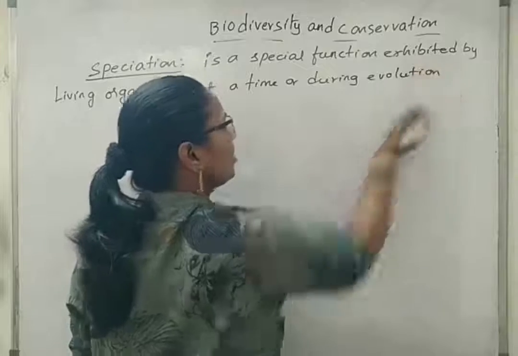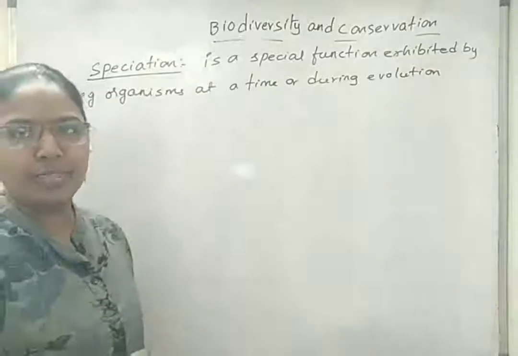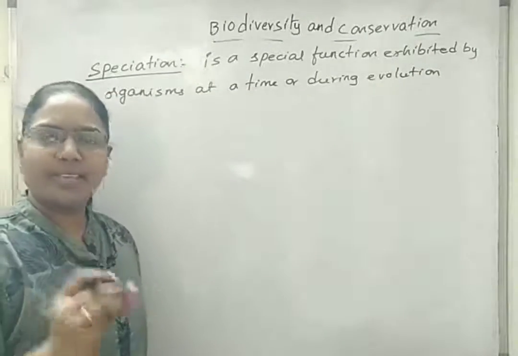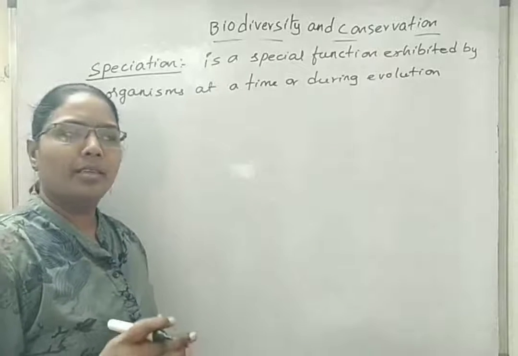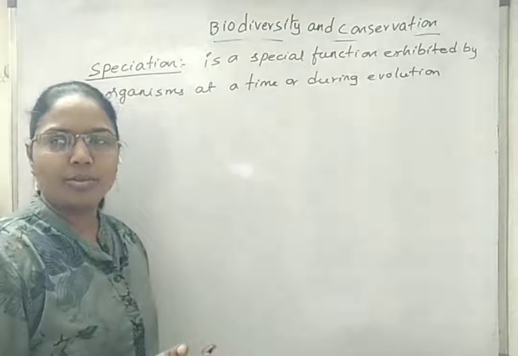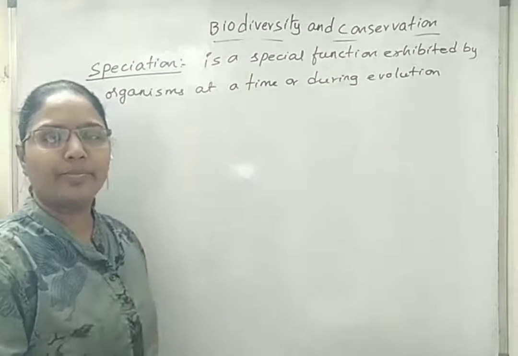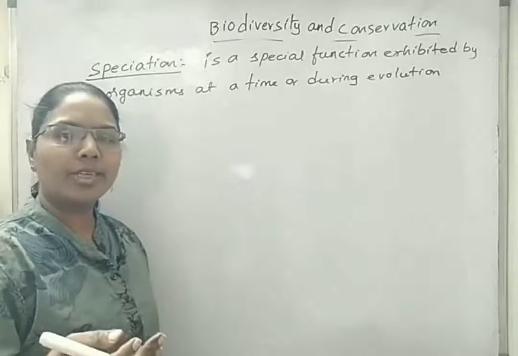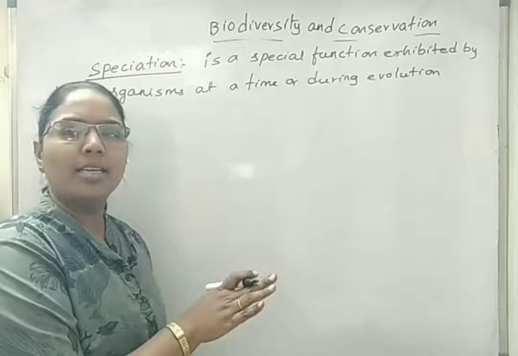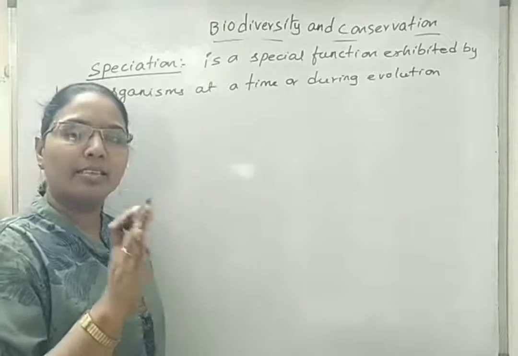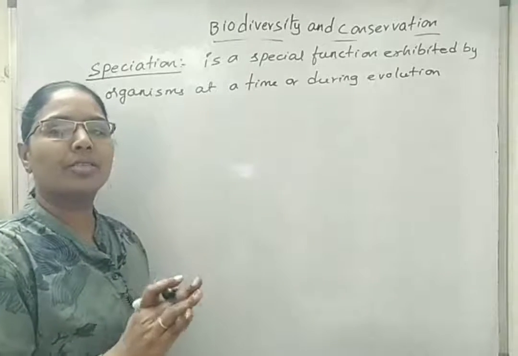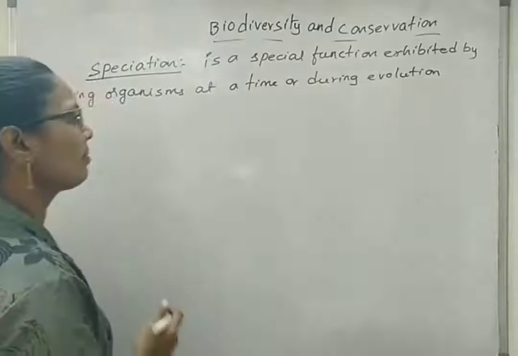For suppose, if you take two different organisms of the same species and they show some variations in the offspring, for example two different types of dogs to get a new hybrid variety, that new hybrid variety is not considered a new species. That is considered under the same species. That condition or process is called speciation.